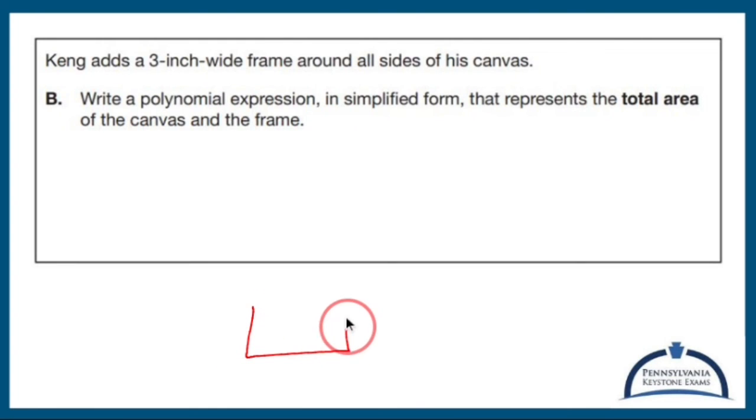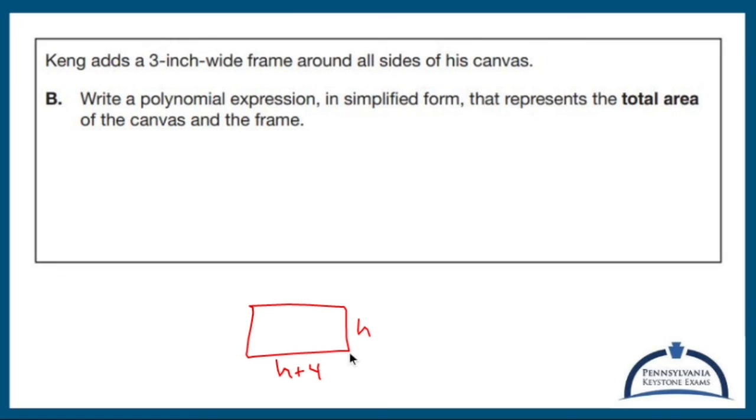Let's go back, make sure that I have the picture in my head. Okay, so I have h plus 4 and h. Okay, h plus 4, a perfect rectangle, and h. Kang adds a 3-inch wide frame around all sides of his canvas. It's going to be a huge frame, especially in comparison.